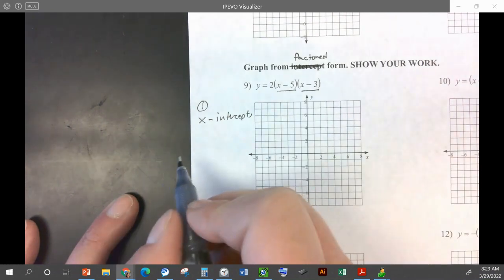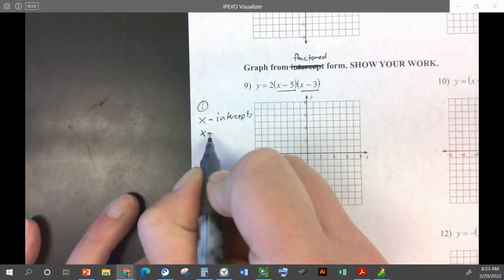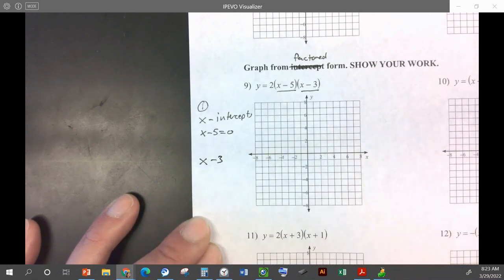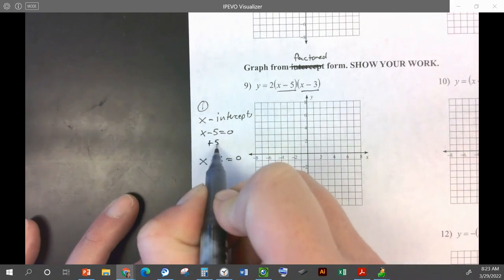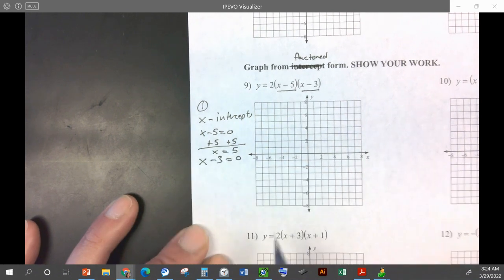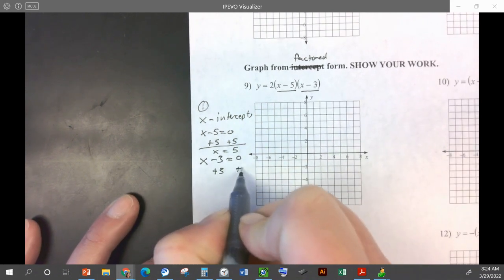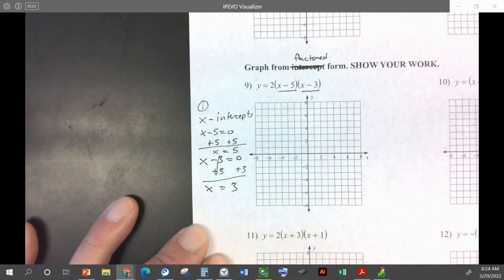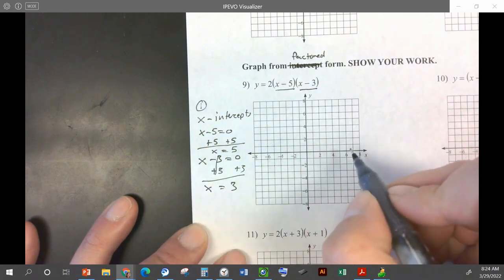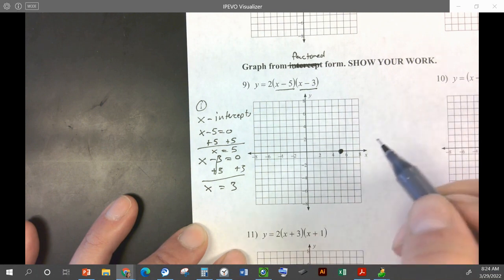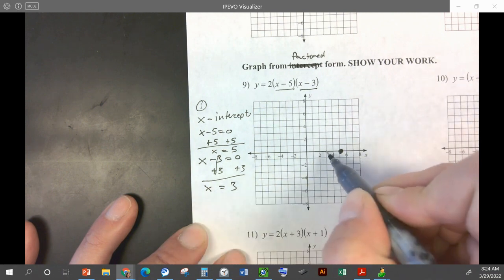So x minus 5 is 0, then solve for x. And x minus 3 is 0. So we add 5 to both sides, and we get x is 5. And we add 3 to both sides. x is 3. So then we can put a point at x equals 5, y equals 0, and a point at x equals 3, y equals 0.